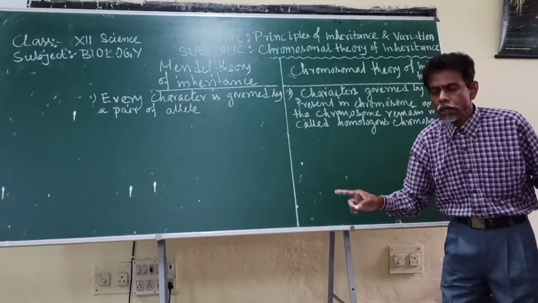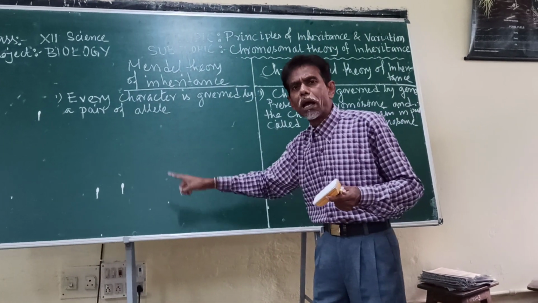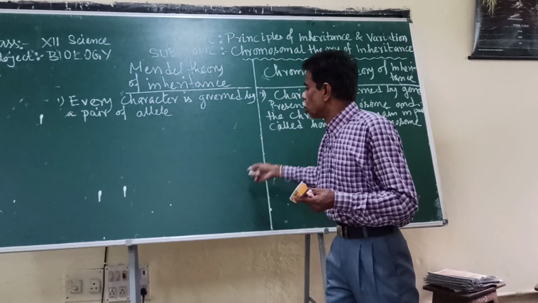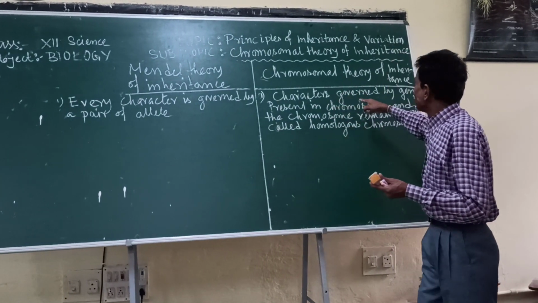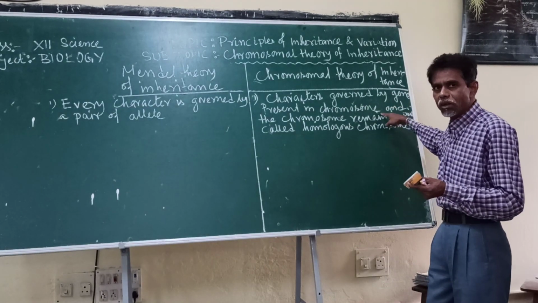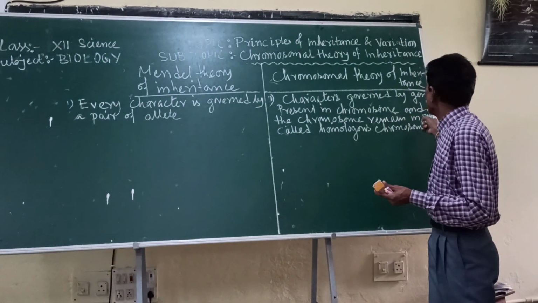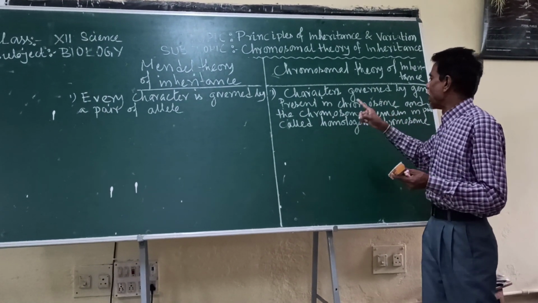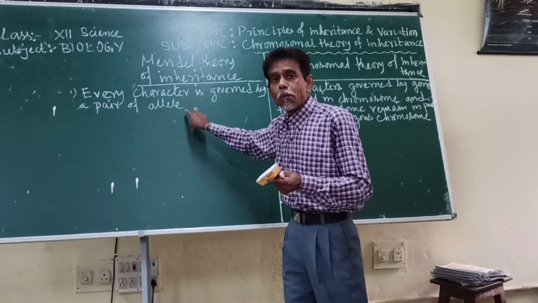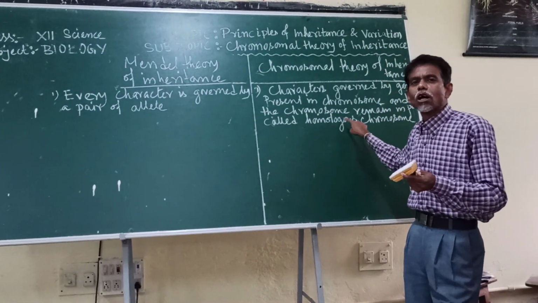Is that clear to you? So Mendel told that every character is governed by a pair of factors called alleles, which today we call genes. Sutton and Boveri told that characters are governed by genes present in the chromosome, and these chromosomes are in a pair called a homologous pair. So here Mendel said the factors are in pair, and here Sutton and Boveri said the chromosomes are in pair.